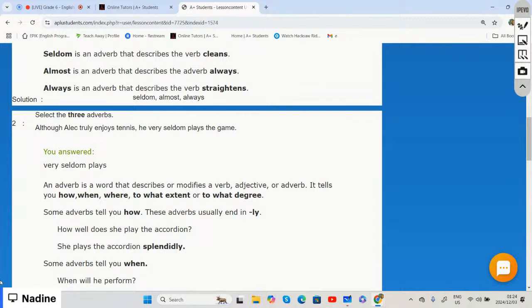It says, although Alec truly enjoys tennis, he very seldom plays the game.